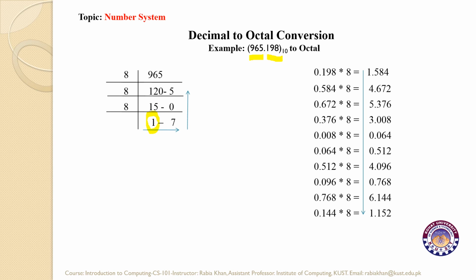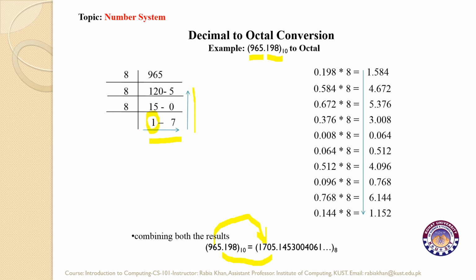So we need to merge both answers, the integer part and the fractional part. 965.198 in base 10 is equal to, we have to write the answer for the integer part first. The integer part was 965. So 965 is equal to, in bottom up manner, 1705.